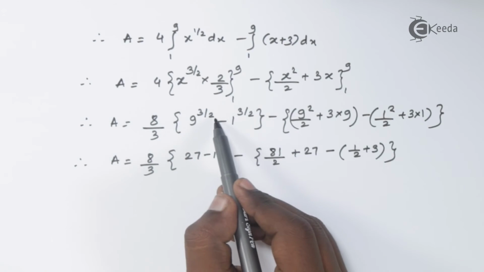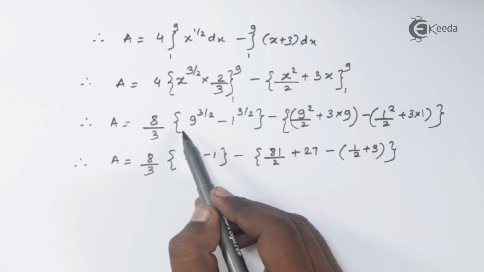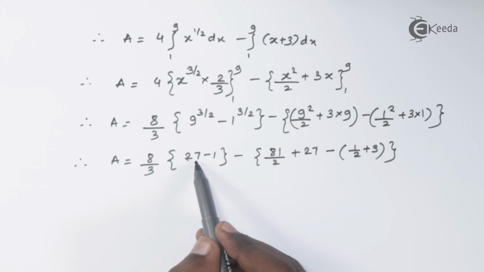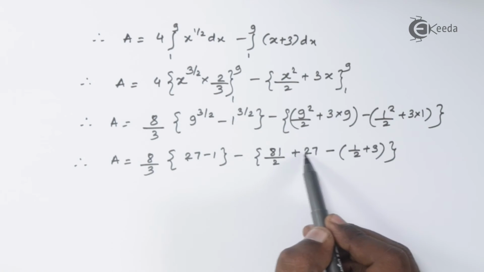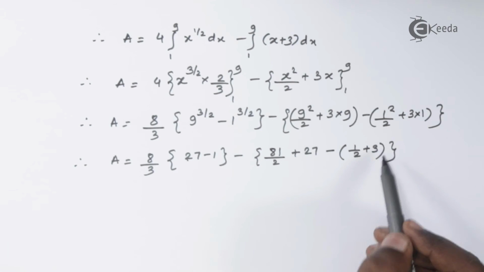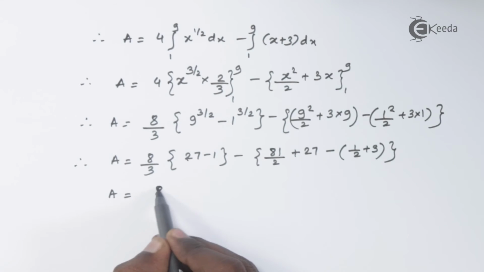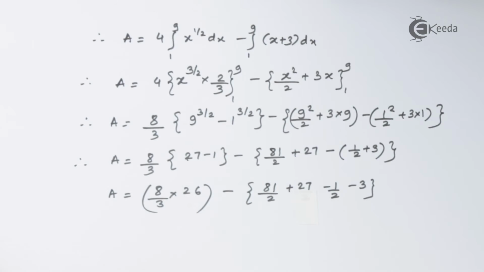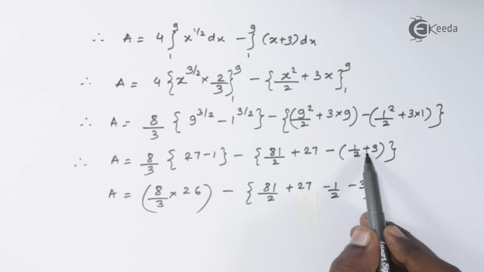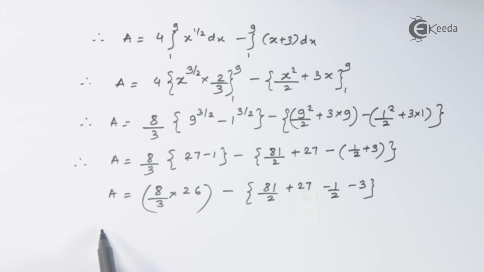Further, 9 raised to 3 by 2. So you can take square root of 9 first, that is 3, and 3 cube will give you 27. Minus 1, followed by 9 square is 81 by 2 plus 27, minus 1 by 2 plus 3. So the remaining part will be 8 by 3 into 26 minus [81 by 2 plus 27 minus 1 by 2, and minus into plus will give you minus 3].